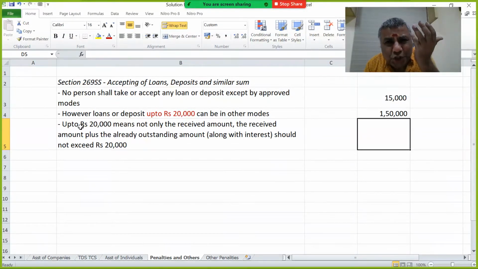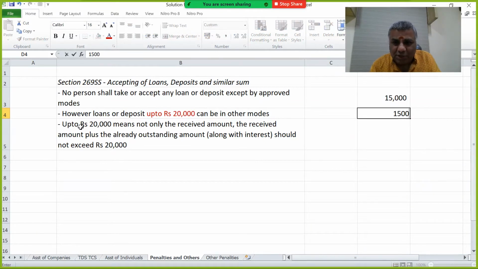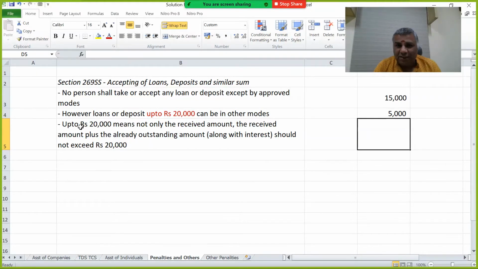The answer is no, because together the quantum exceeds 20,000. Another 5,000 only, maximum, I can get. Any amount more than that, I should receive only by the approved modes.